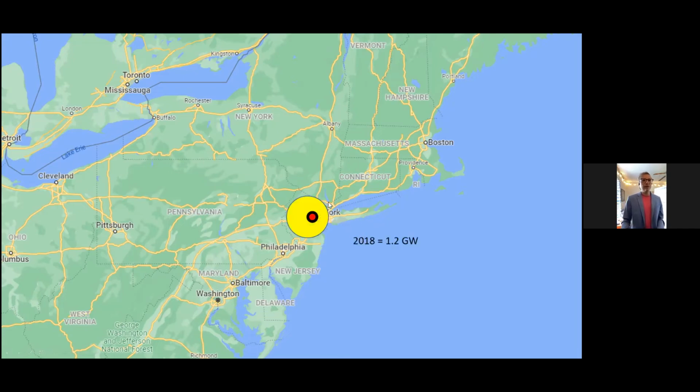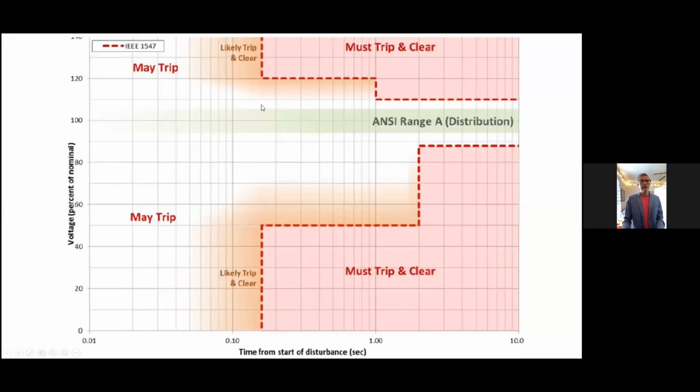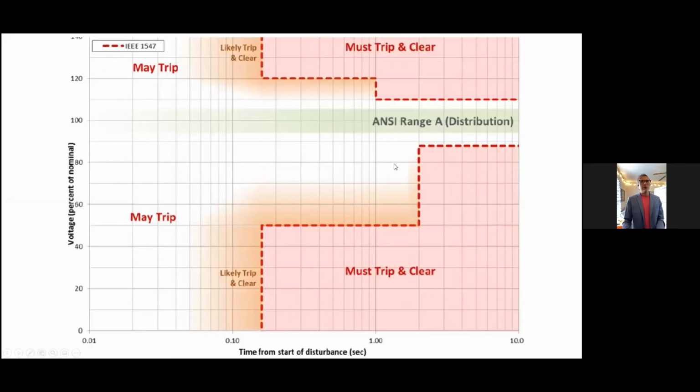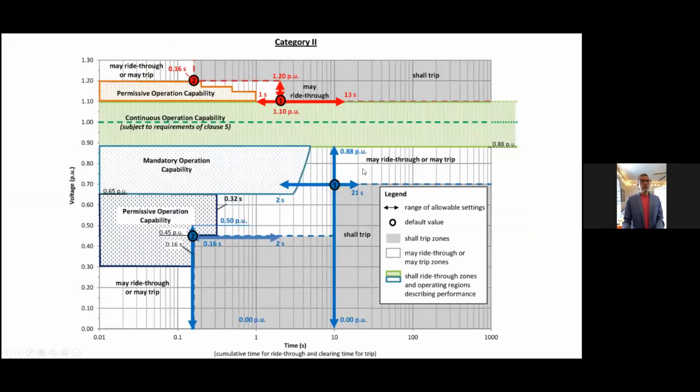Essentially what that looks like is a voltage sag in this yellow area that is big enough that, based on the old IEEE values, it could potentially cause 1.2 gigawatts of solar generation to trip offline. And that was 3 years ago now, so that number, who knows, maybe doubled. I'm not really sure. And so ride-through settings became very important, where we went from this to something like this.